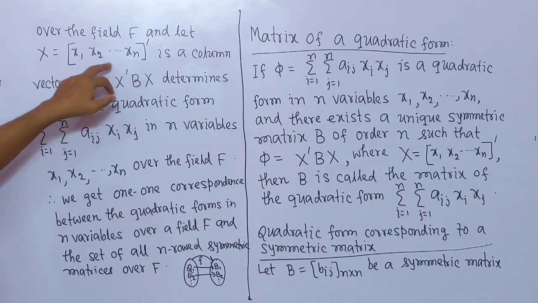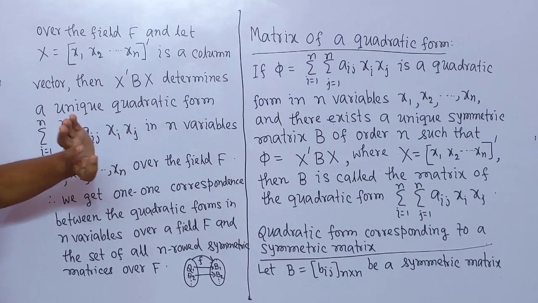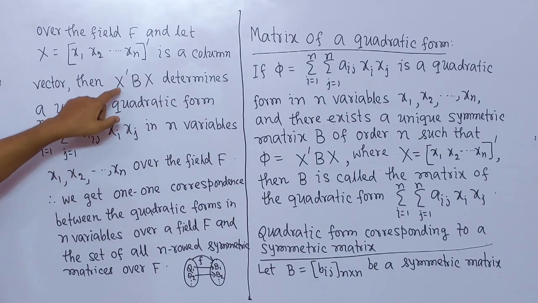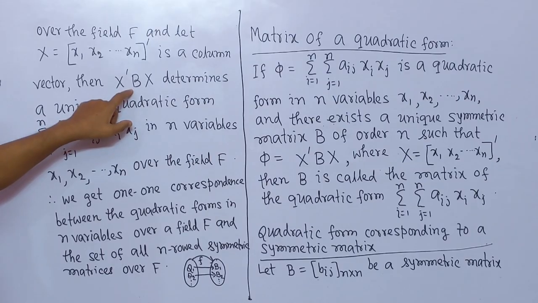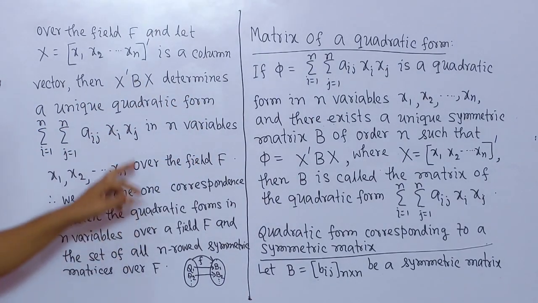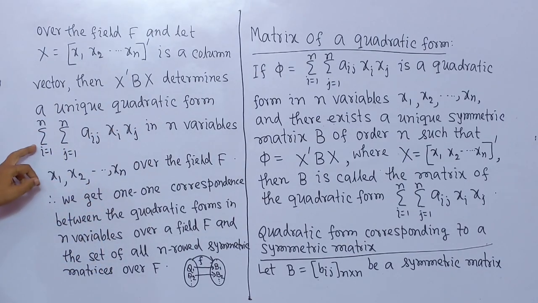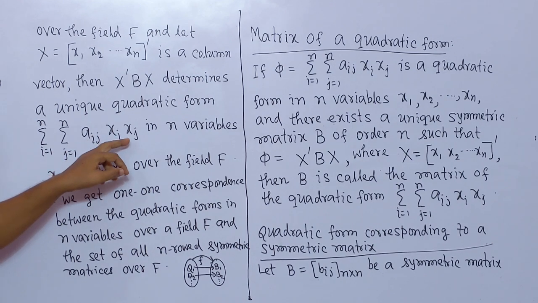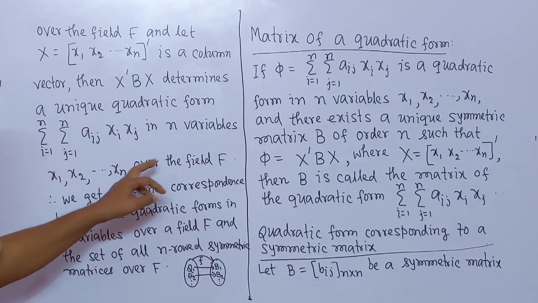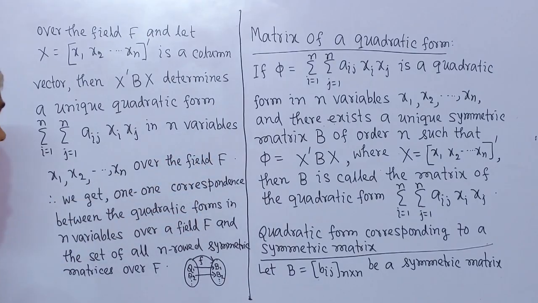This is a row matrix, its transpose is a column matrix, that is, a column vector. Then X transpose B X determines a unique quadratic form sigma i equal to 1 to n, j equal to 1 to n, aij xi xj in n variables x1, x2, ..., xn over the field F.